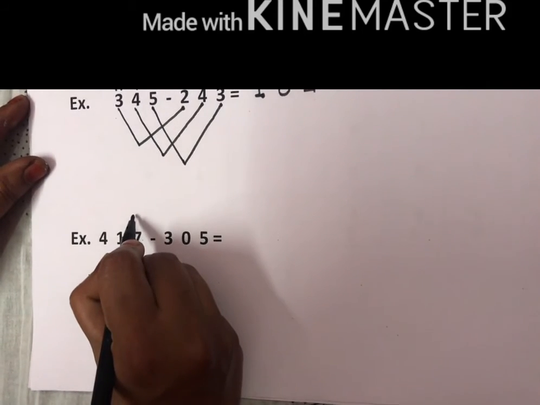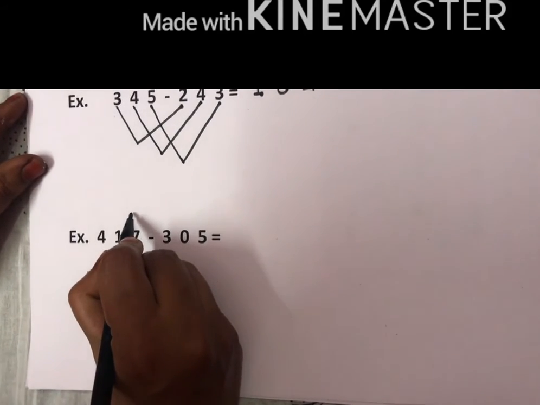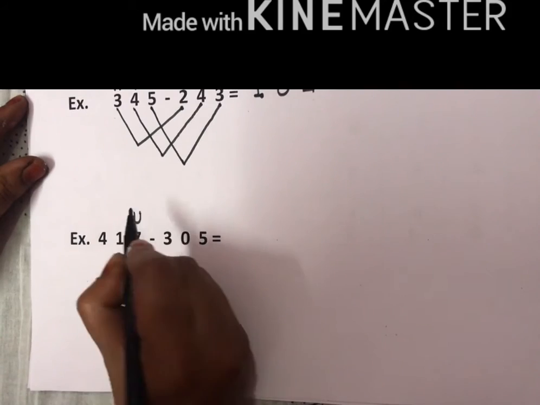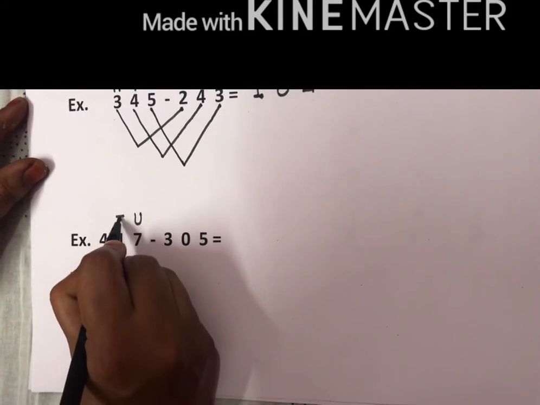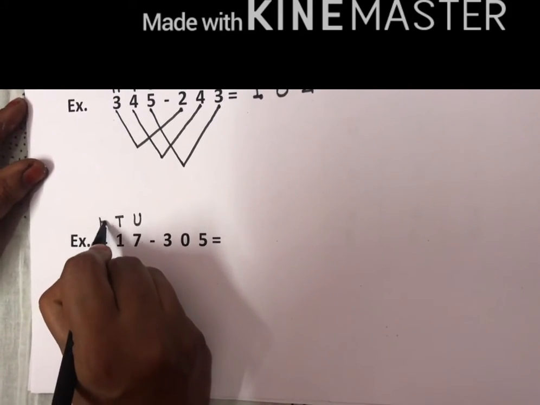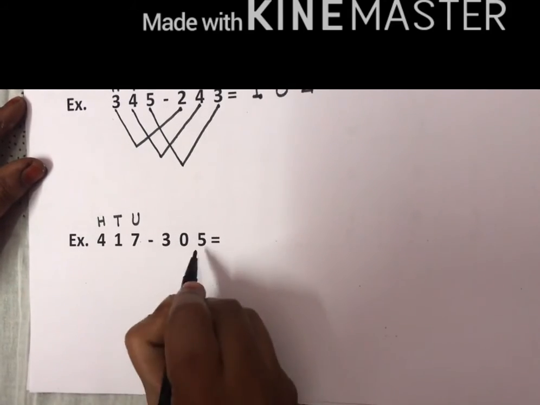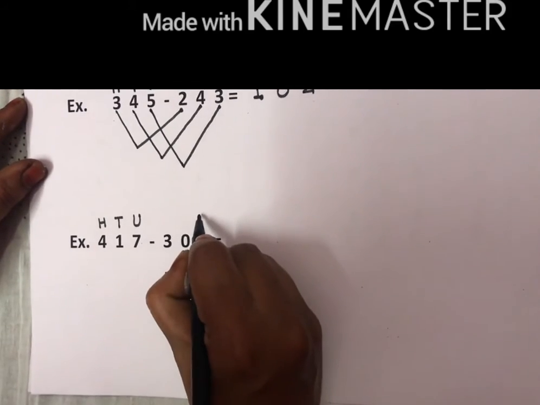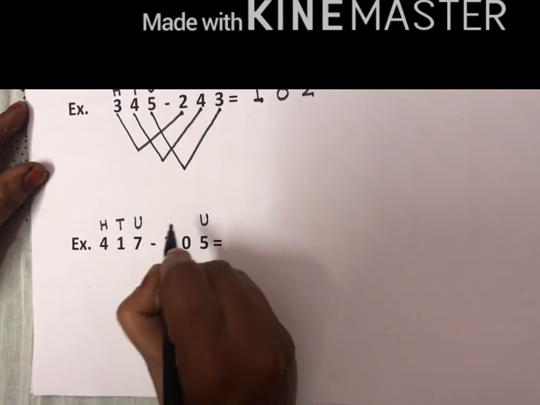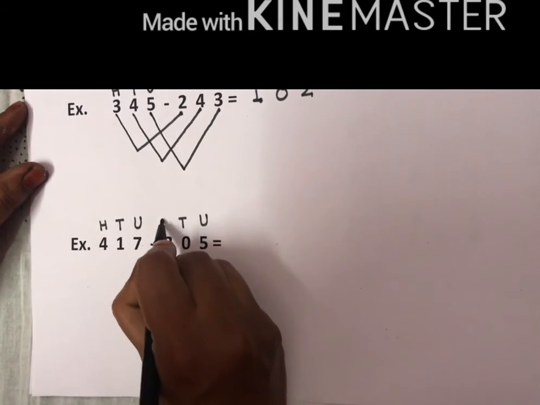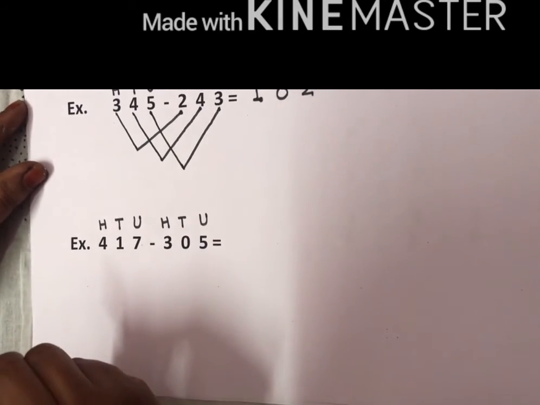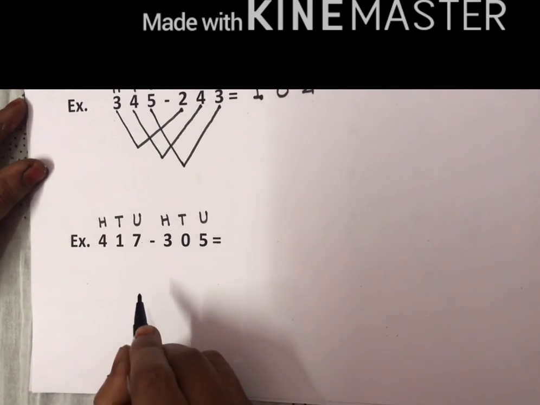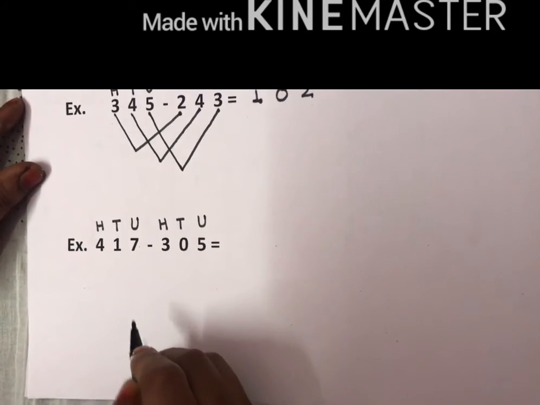So we will write the place values: unit place, tens place and hundred place. Then for the second number we again write place values.